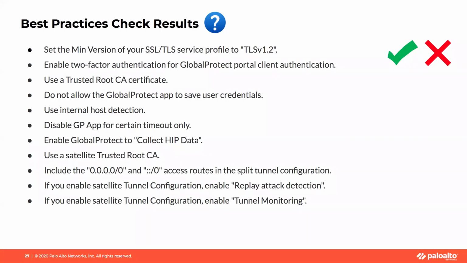Disable GlobalProtect app for certain timeouts only. This is obviously a business decision, whether you want to allow employees or customers to have the ability to disable that app and bypass those security controls. Dan gave a couple of great use cases for why people would want to be able to disable that, whether it's for testing, troubleshooting, etc. But this best practices check is essentially saying that if you do allow people to disable that feature, you set a certain time limit for having it reconnect.